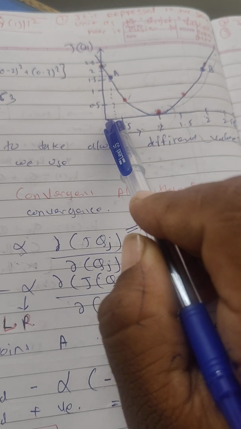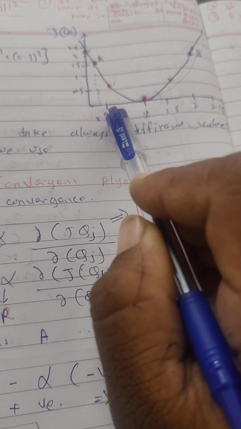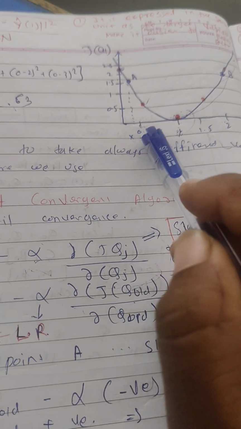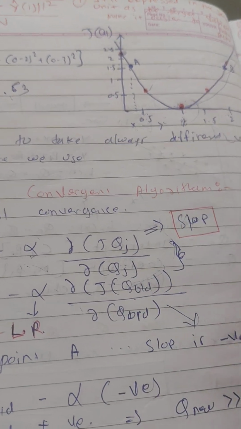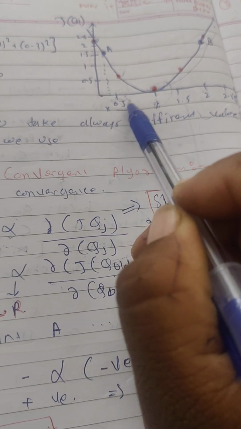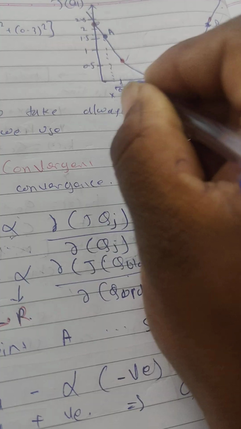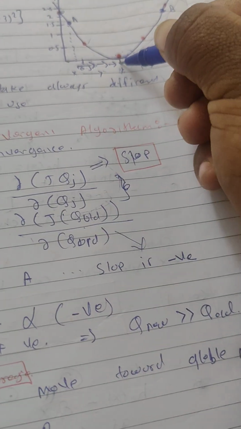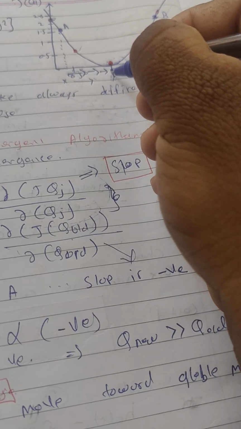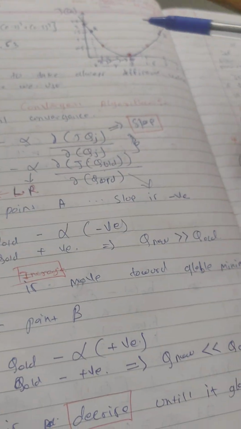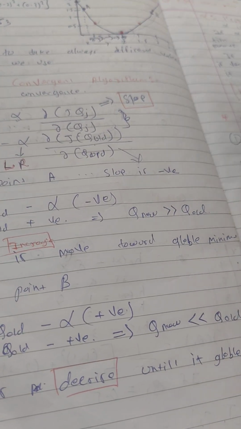If old theta 1 is here and new theta is greater than that, it means it goes slowly to the global minima. Okay, it grows slowly to the global minima. This scenario we follow from point A.